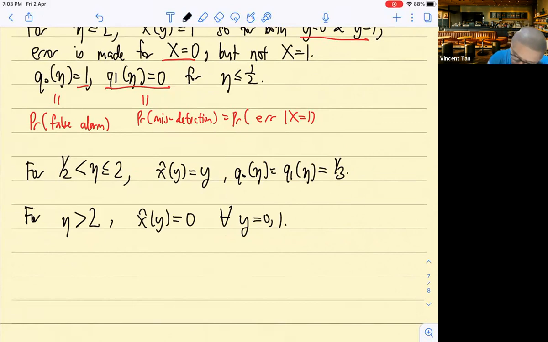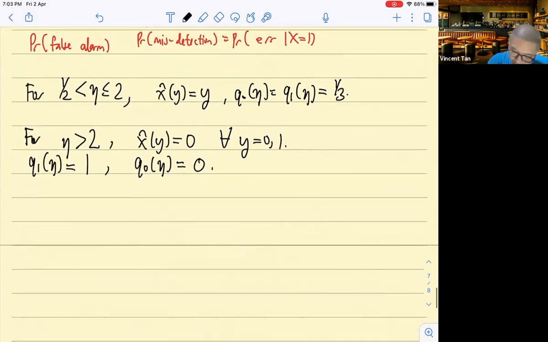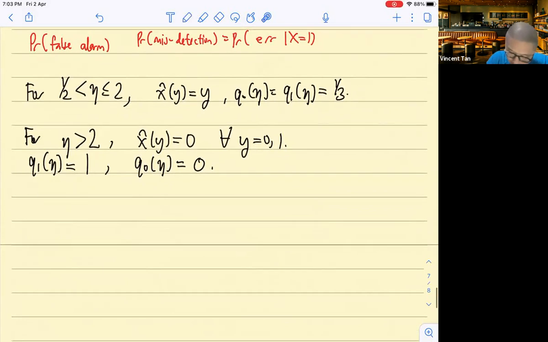So in this case, Q1 of eta is equal to 1. We always say 0, so the probability of misdetection is equal to 1, and Q0 of eta is equal to 0. Hopefully you understand this. Is there any question here?